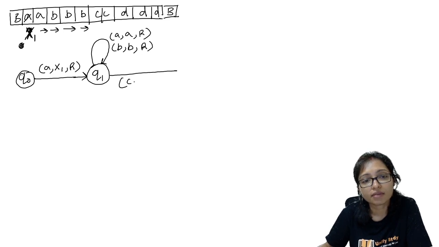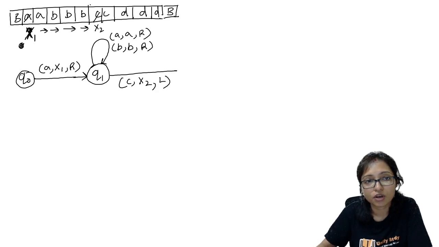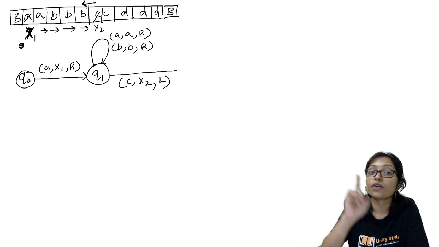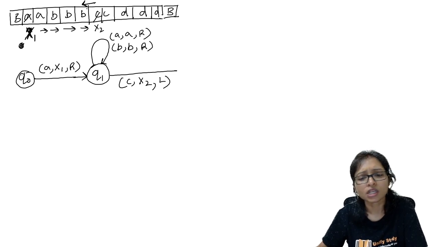Whenever I get c, c will be replaced with x2. Replace this c with x2 and after that go to the left direction, because now you will start moving left to find your last checkpoint. That is our target, right? So I am trying to find my last checkpoint.